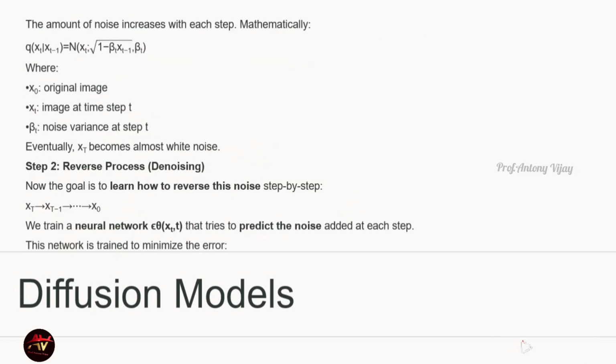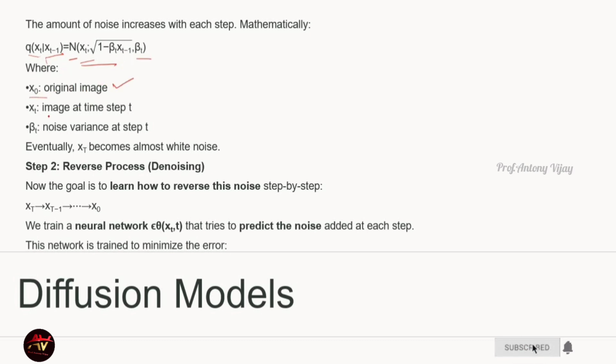Okay, let's have a look at the formula for this particular noise process. q of xt given xt minus 1 is a noise of xt, with 1 minus beta t times xt minus 1, and beta t. Here x0, as I already told you, is the original image.